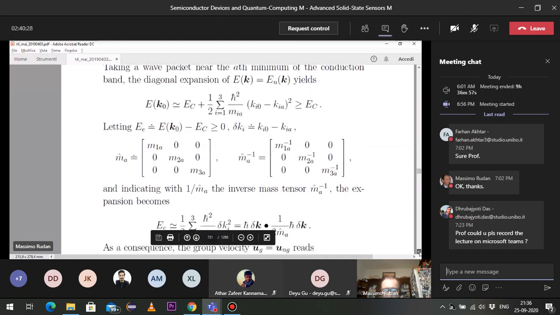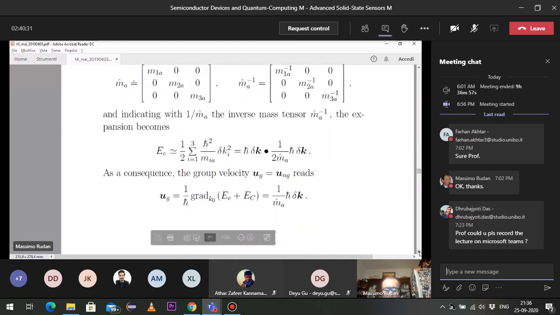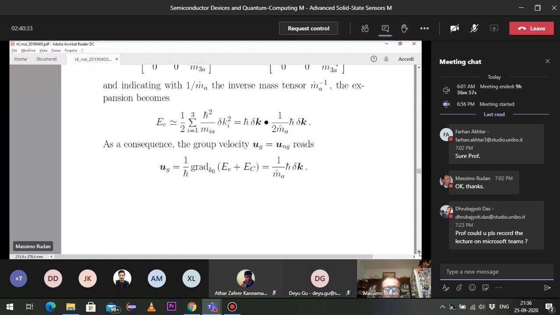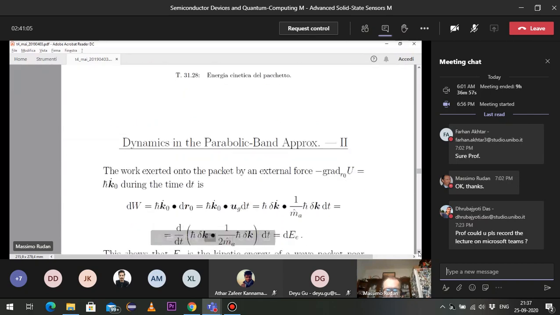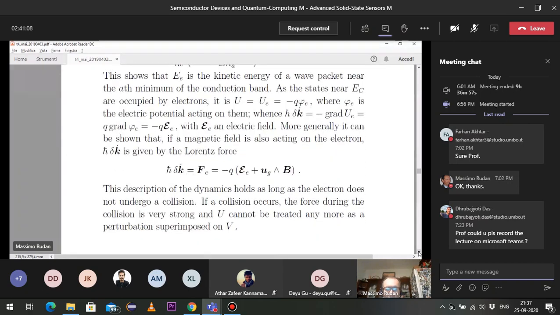If you use the symbol of this diagonal matrix, the kinetic energy can be written in compact form here, which looks like the expression of classical mechanics, because h bar delta k is momentum. You have like momentum square over 2 times the mass, okay? So this is just to show that it's similar to the classical situation, okay?